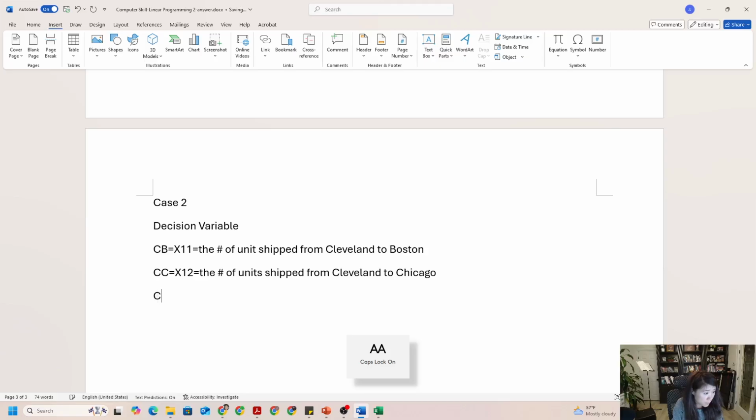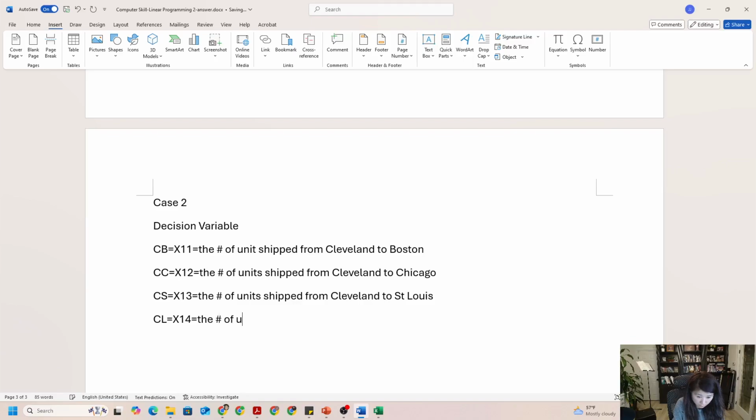Then CS is X13, the number of units shipped from Cleveland to St. Louis. CL is X14, the number of units shipped from Cleveland to Lexington.